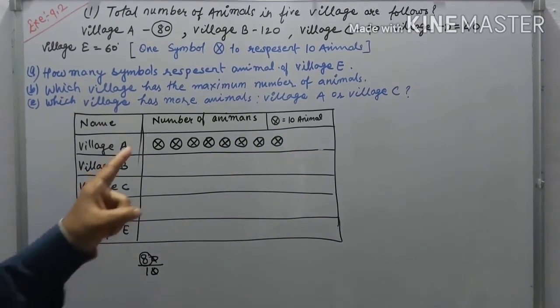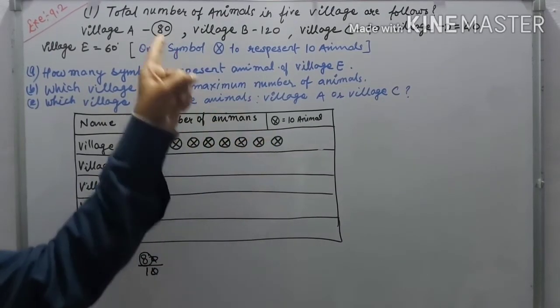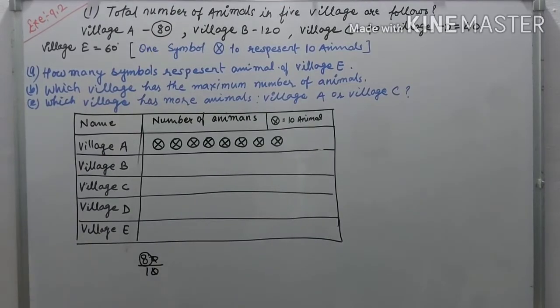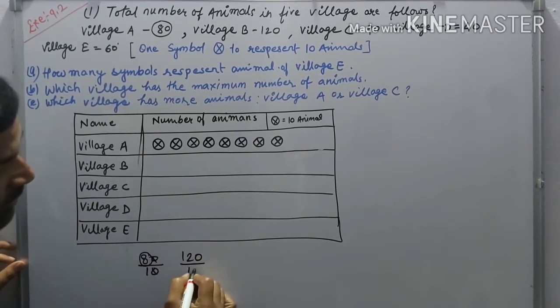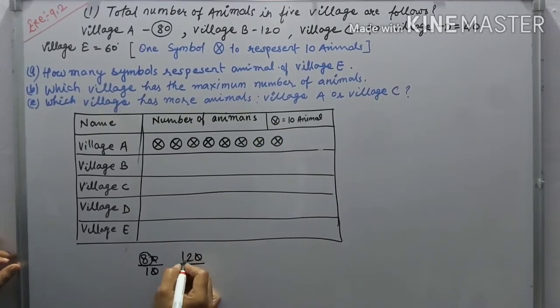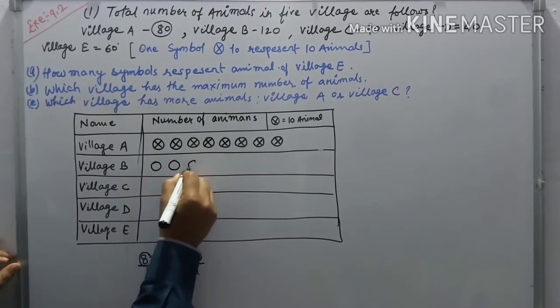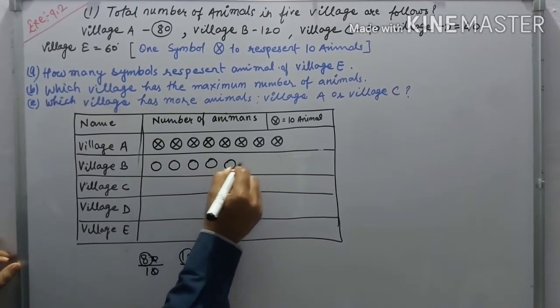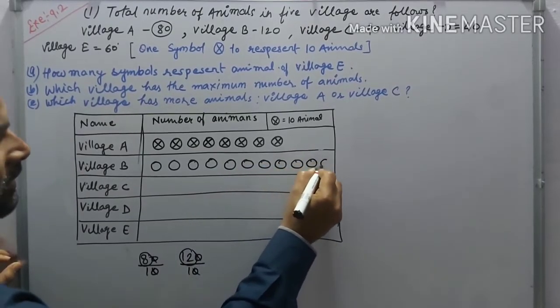Because 10, 20, 30, 40, 50, 60, 70 and 80. Village B is 120. Now 120 upon 10, because 1 symbol is equal to 10, so the zeros cancel, only 12. You draw 12 symbols: 1, 2, 3, 4, 5, 6, 7, 8, 9, 10, 11.